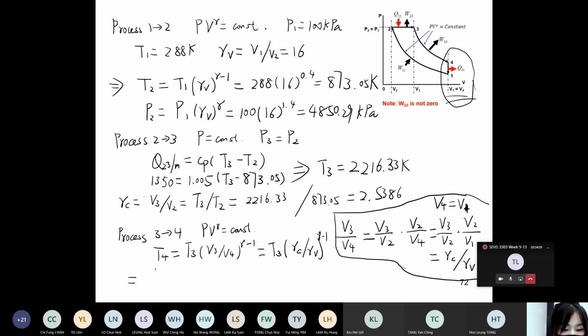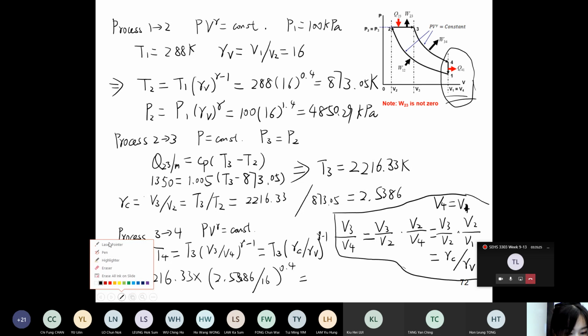Okay. So for T, we know T3. And we know the cutoff ratio here. What's the number? Guys, please calculate for me.